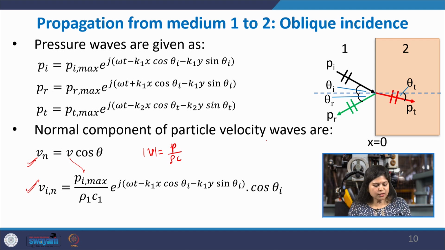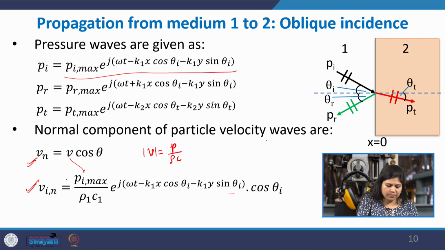So, here for the incident wave we write the format of P. This long expression for Pi we are writing it here, and then dividing by rho 1 c1 for medium 1, and because here the incident wave is travelling forward in space, the normal component is along the positive x axis. So, we have a plus sign, and then this times cos theta i.